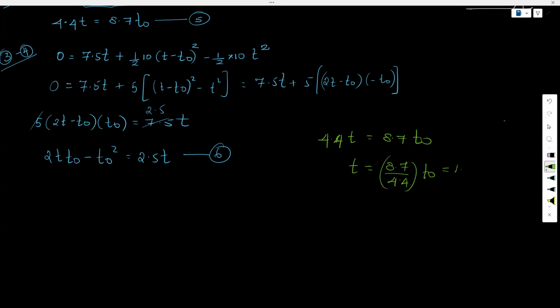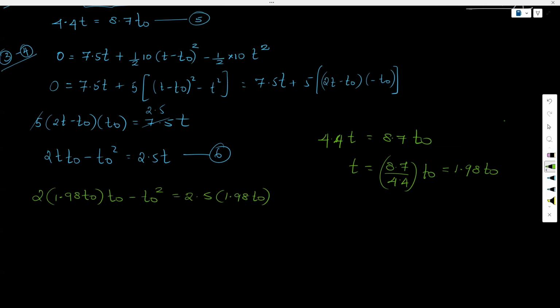So I'm going to consider it as 1.98 t naught. I'm going to substitute everything in this equation. So I have 2t is 1.98 t naught, and we have t naught minus t naught squared equals 2.5 times 1.98 t naught.